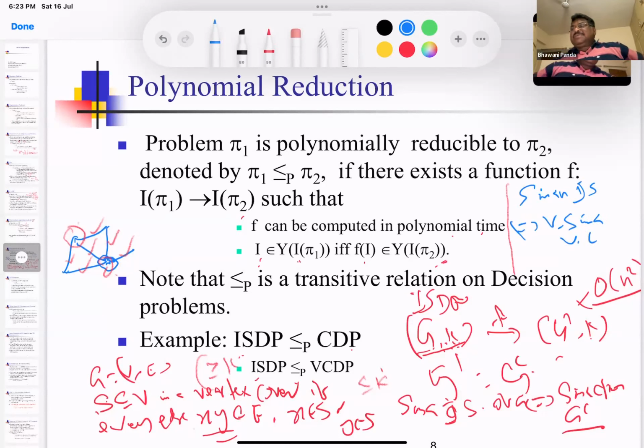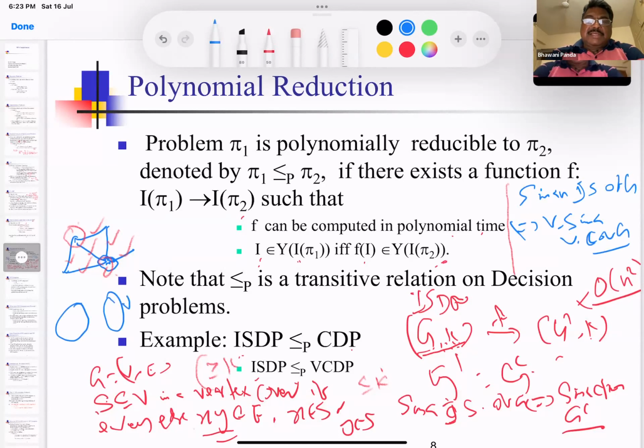This is a simple result of graph theory. S is an independent set of G if and only if the remaining vertices V minus S is a vertex cover of G. Because if it is an independent set, no edge is there inside S. So every edge will have an endpoint in V minus S. So V minus S will be a vertex cover.